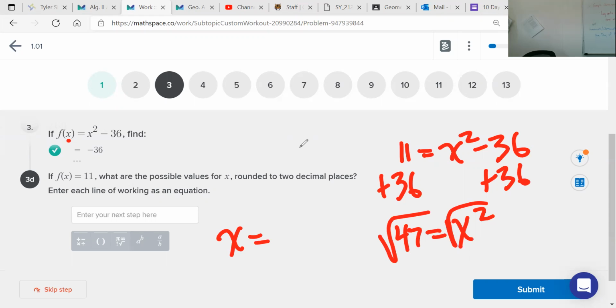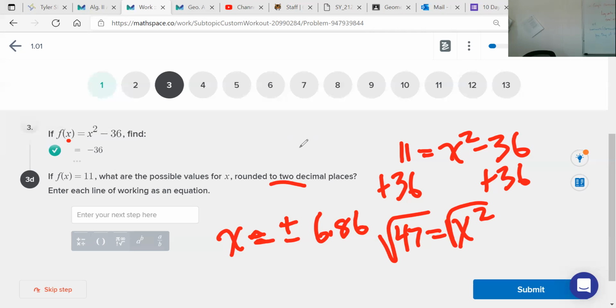So let me get a calculator. Square root of 47. Plus 7, right? So we're going to have plus or minus 6.86. That's to 2 decimal places, so I'm going to make those squiggly lines.